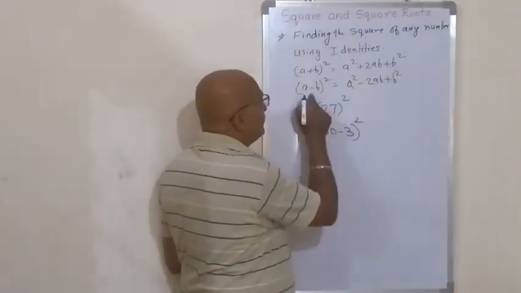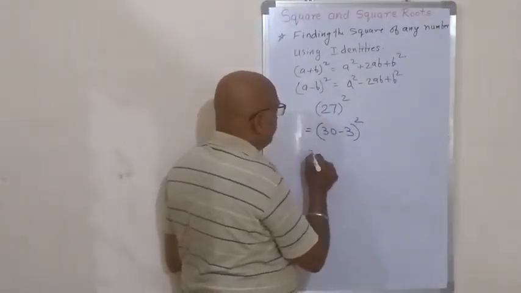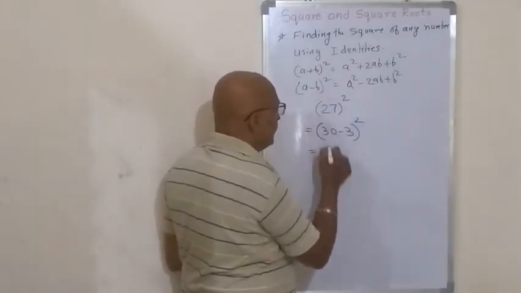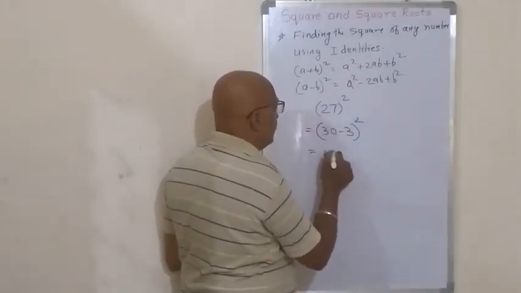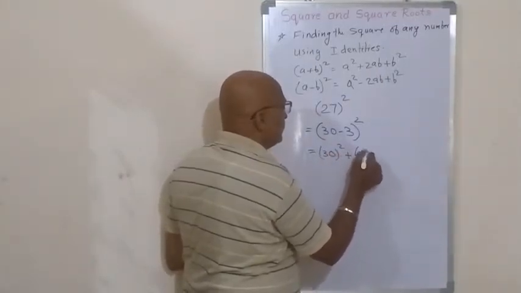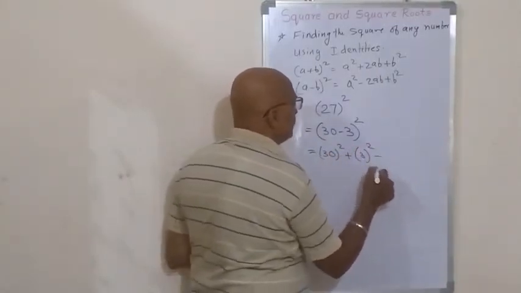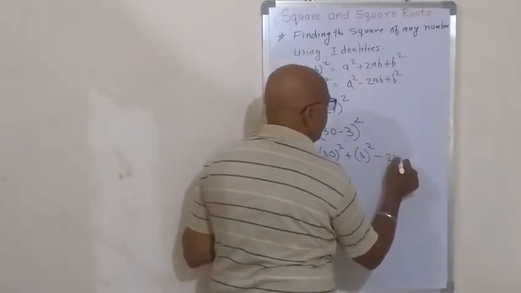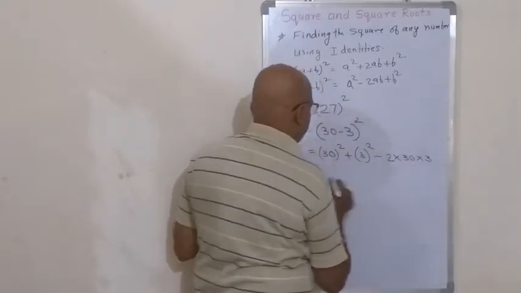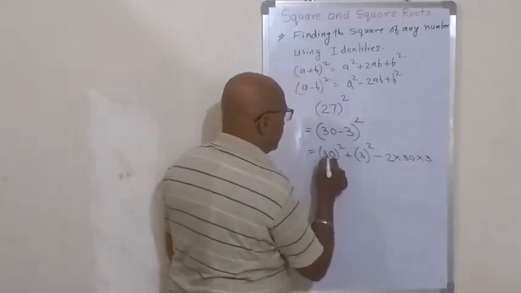Now we can use the second identity here. So what will be that identity? Using this identity we have 30 square plus 3 square minus 2 multiplied by 30 multiplied by 3. So what we get here? 30 square.